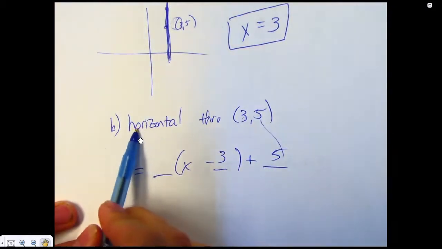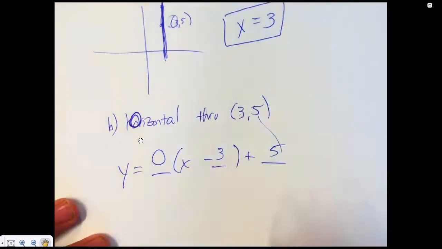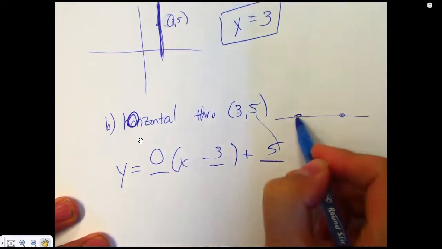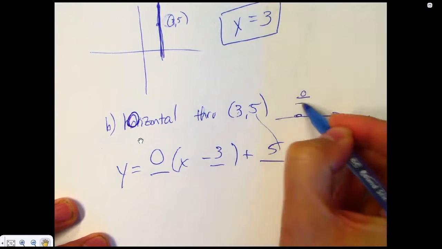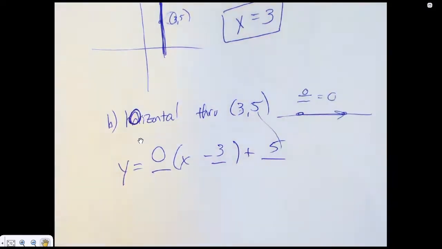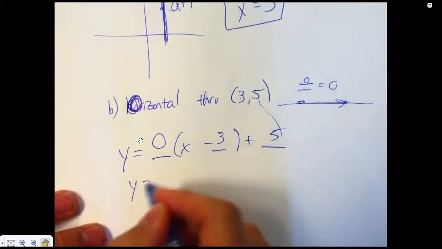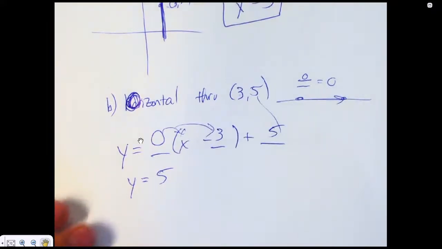I know horizontal means a slope of 0. Horizontal line means if I'm going from this point to this point, I rose 0, and then I went across. So 0 divided by whatever, it's going to be 0. The slope of a horizontal line is 0. So then if you distribute, 0 times this stuff is 0, and you essentially get y equals 5.